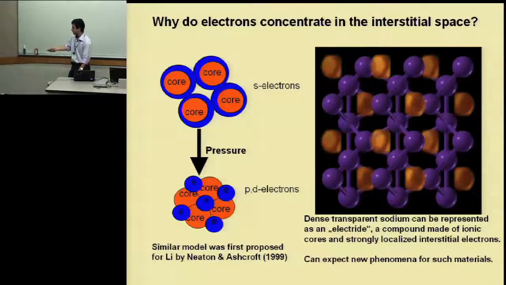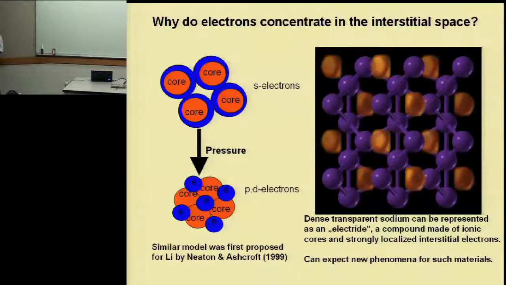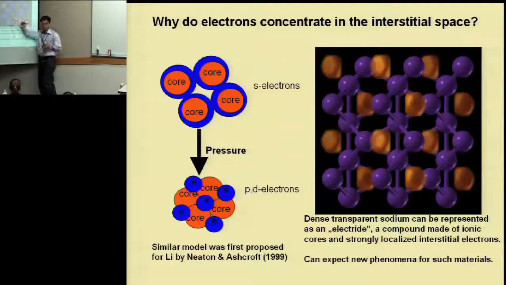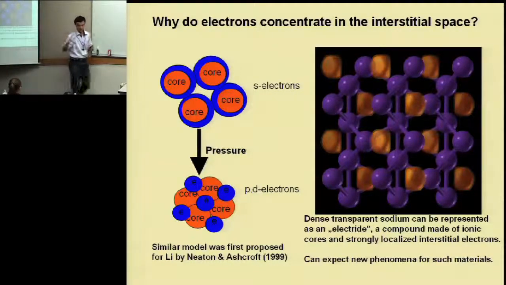Okay, we can expect a whole bunch of new phenomena from this, and this can be described as a compound. Again, if you like, an ionic compound made of ionic cores, positively charged, and negatively charged electron density maxima that serve the role of anions. Such a situation has been described for a long time in chemistry by the word electride. Like fluoride, chloride are salts with chlorine, fluorine, and this is a salt with electron, yeah?